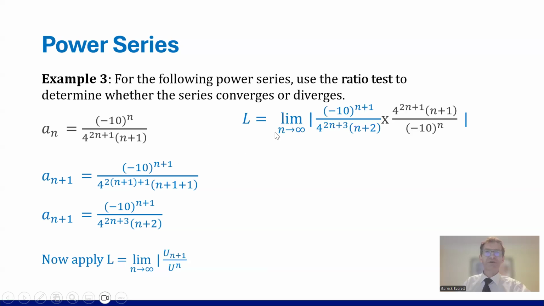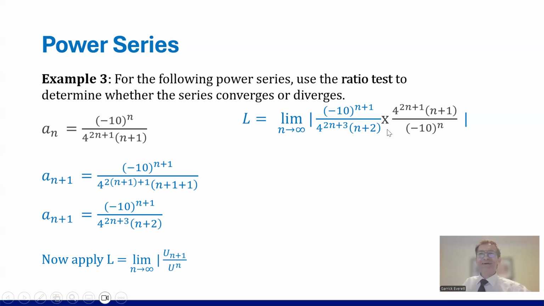We get the limit as n approaches infinity of the n plus 1 section times the n section flipped upside down. That's a multiply sign, not an x. It's basic fraction work: flip the fraction upside down.